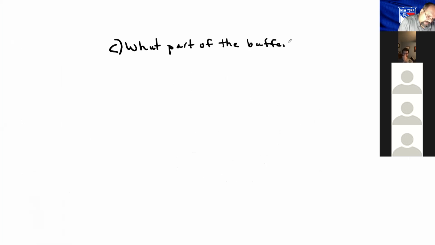All right, letter C. What part of the buffer reacts with added base?